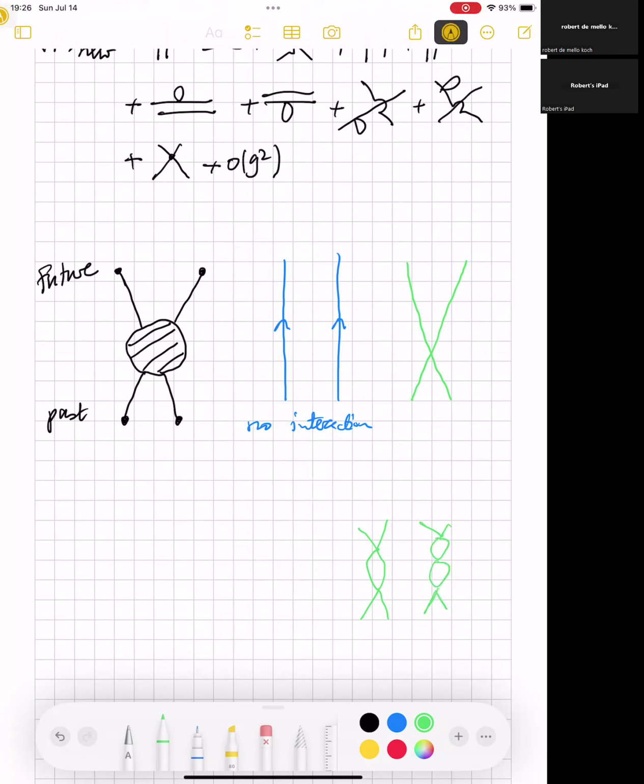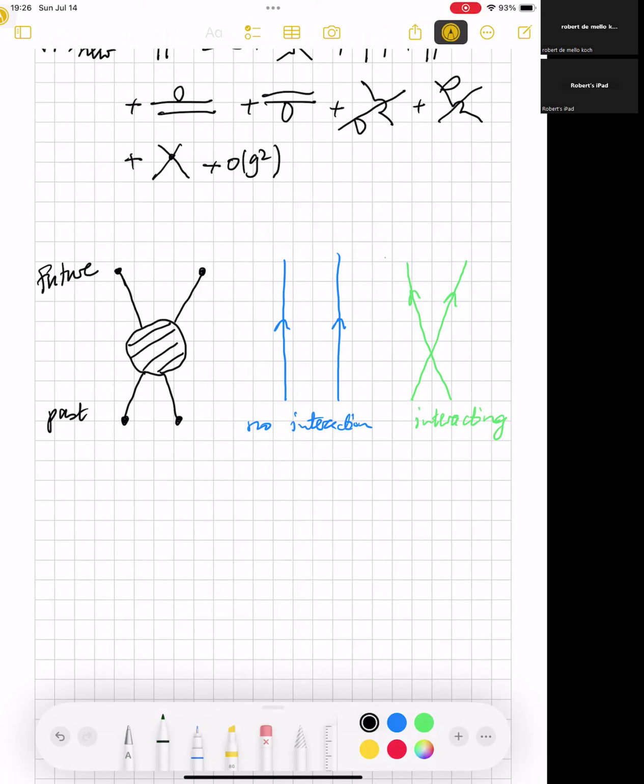All that kind of thing is situations where the particles do interact. So let's say in this case, it is interacting. So we've got these two possibilities, one where there's no interaction and one where it's interacting, and both are allowed.